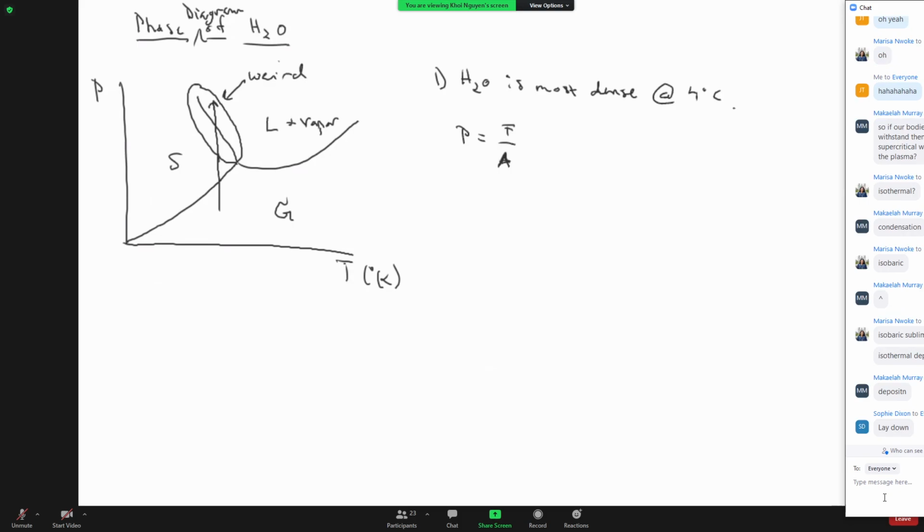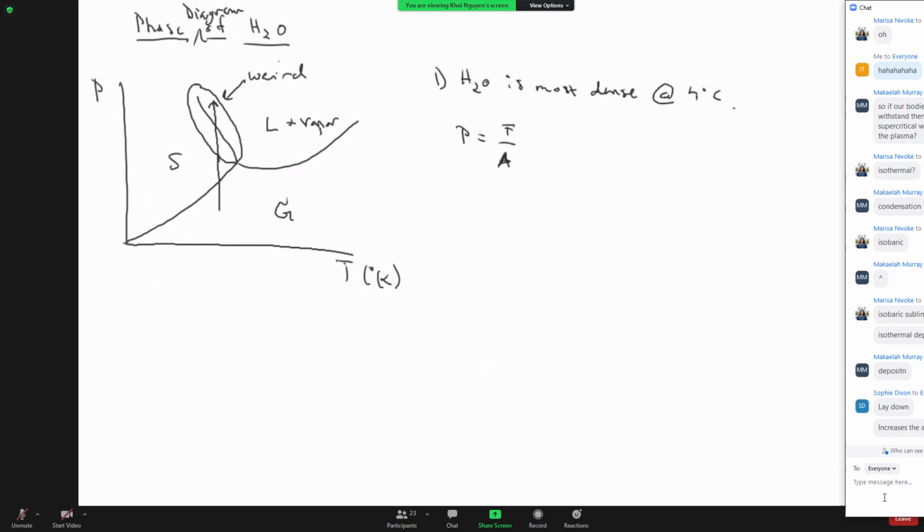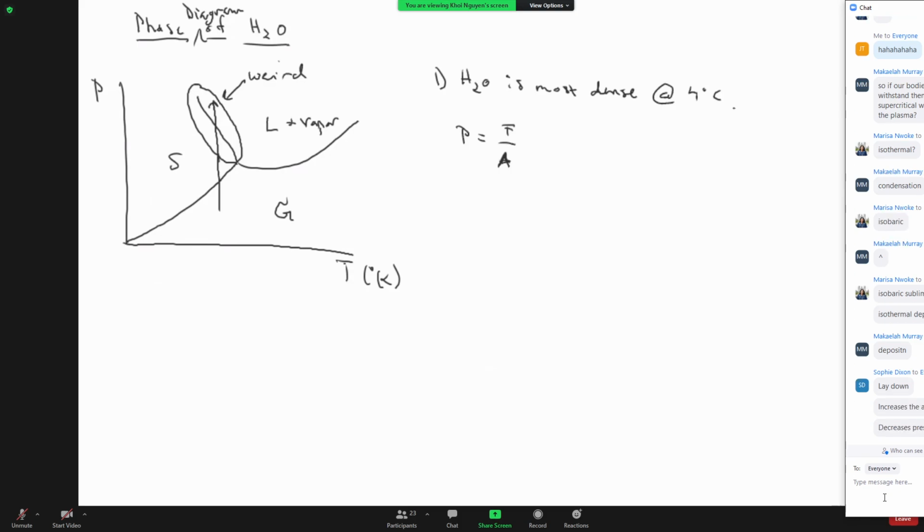Why, Sophie? Using this equation in physics that we've learned, P is equal to F over A. What does laying down do? In terms of pressure is equal to force over area. Yep, increasing area decreases pressure, right, in your system, making it less likely to crack more. Okay, so just keep that in mind.